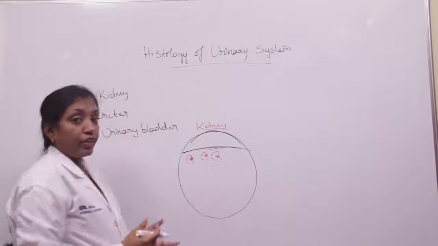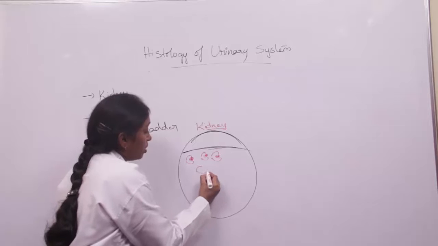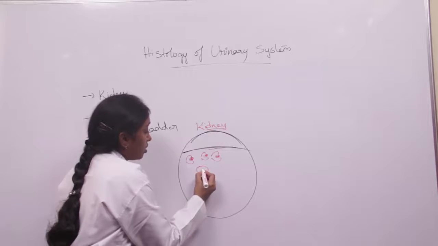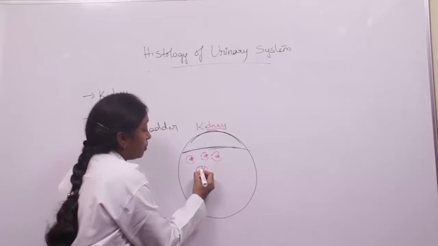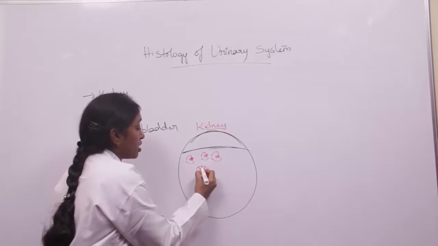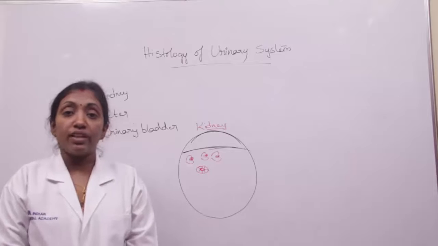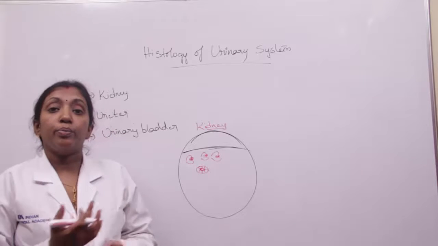The proximal convoluted tubules are lined by columnar epithelium or simple cuboidal epithelium, and the upper part of the cells shows striations. Striations means the upper part of the cell shows a striated border. The striated border is nothing but numerous microvilli.